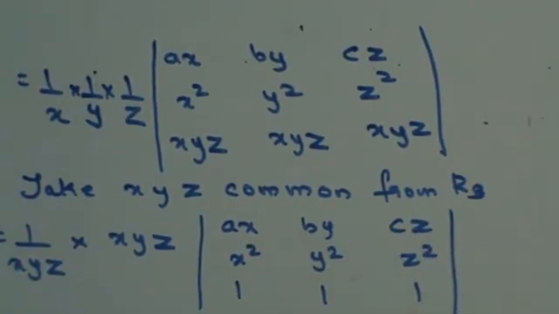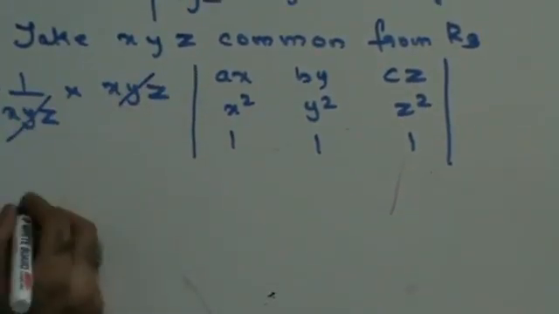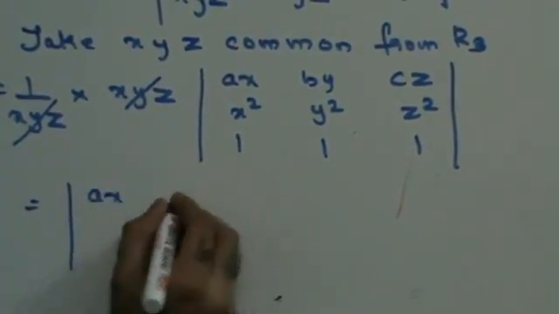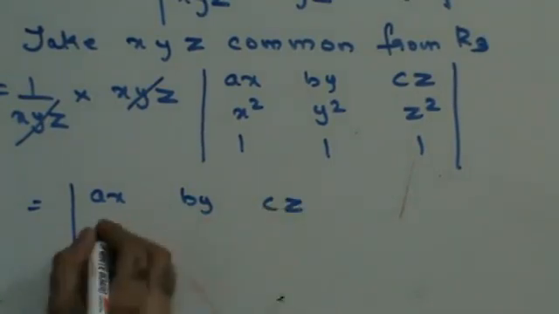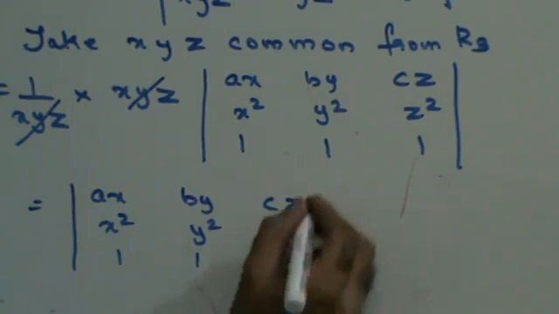The third row will be 1 because XYZ has been taken common from there. XYZ gets cancelled, so this will be AX, BY, CZ; X square, Y square, Z square; 1, 1, 1.